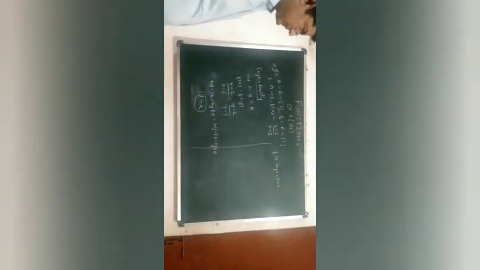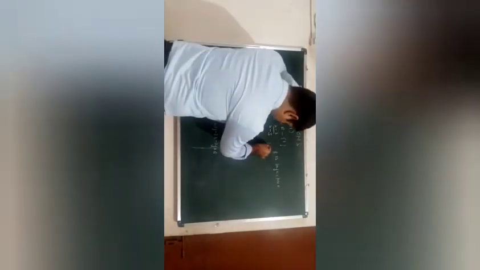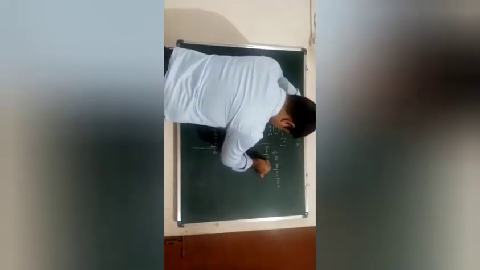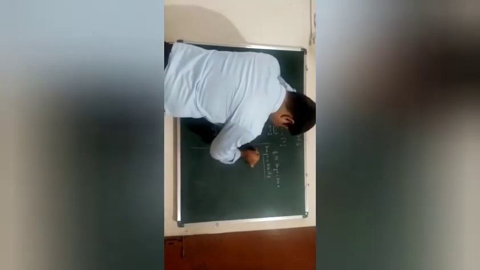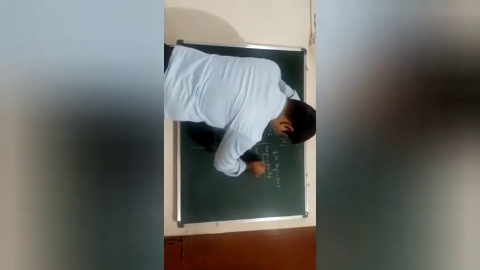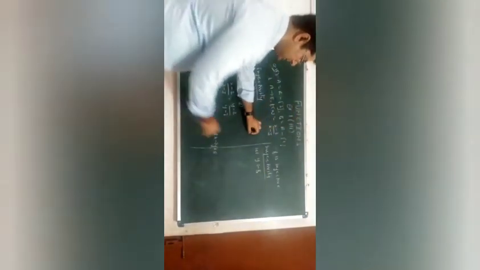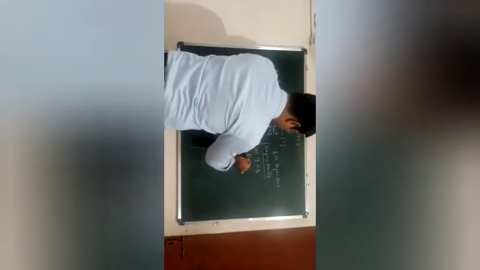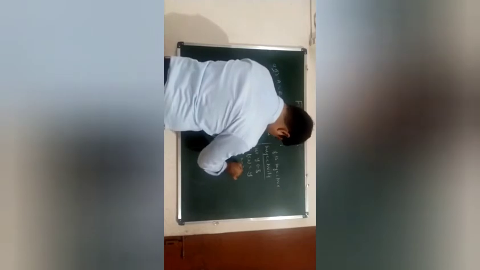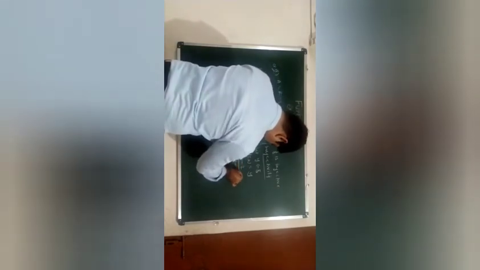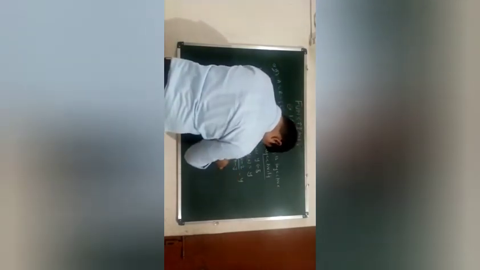Now let us check the surjectivity. Okay, let y belong to B, the codomain, such that f of x is equal to y. Therefore (x minus 2)/(x minus 3) is equal to y.